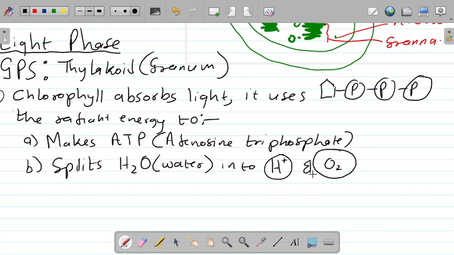It's a high energy molecule. Basically, it provides energy to certain processes or all the processes in your body. For example, when you're running, you use ATP. Good.